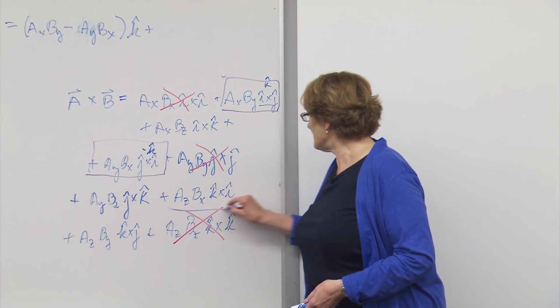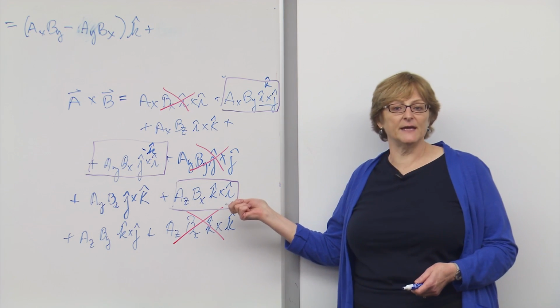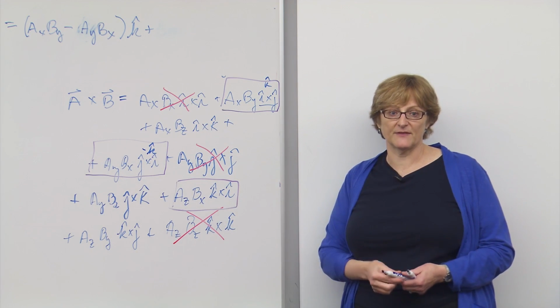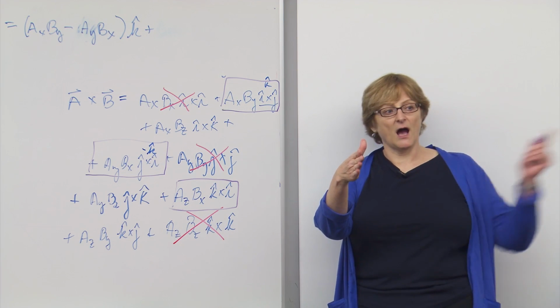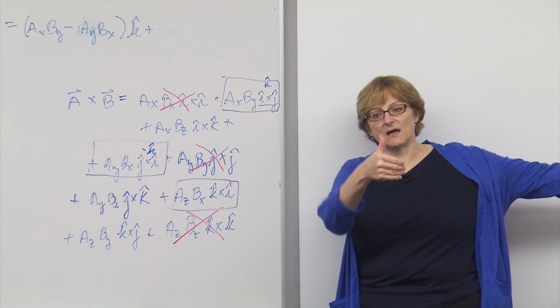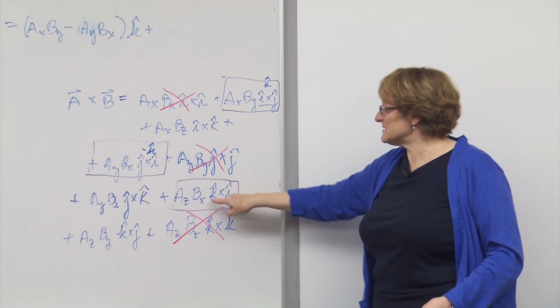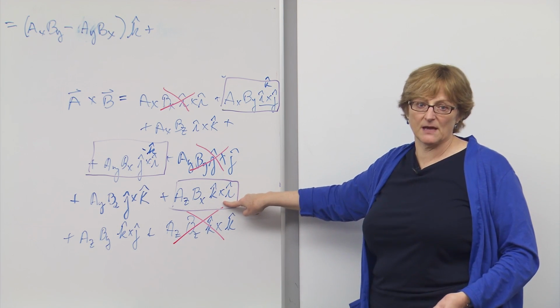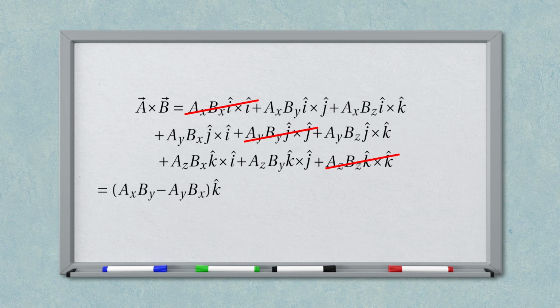I have a k cross i term. Remember that k cross i is j. Let's just double check that. K is in the out of the board direction. I is over there, so k cross i gives me the y direction. Okay, so this is the j vector. K cross i is the j vector. So I'm going to get a term that looks like az bx times the j vector.